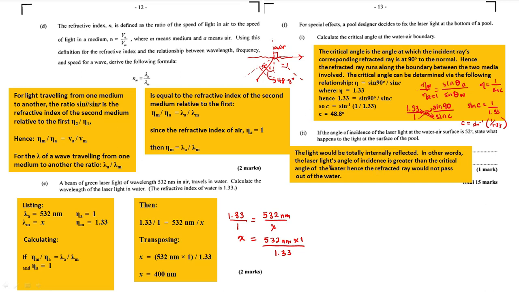In other words, the laser light's angle of incidence is greater than the critical angle of the water, hence the refracted ray would not pass out of the water. The light would be totally internally reflected, and you get 1 point for that.